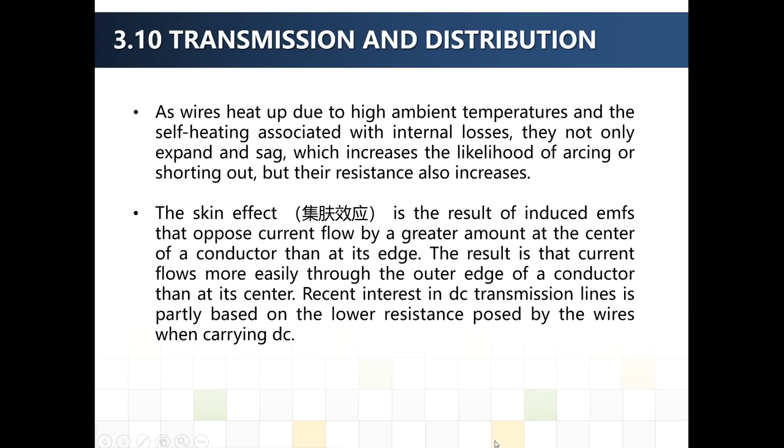As wires heat up due to high ambient temperature and the self-heating associated with internal losses, they not only expand and sag, which increases the likelihood of arcing or short out, but their resistance also increases.